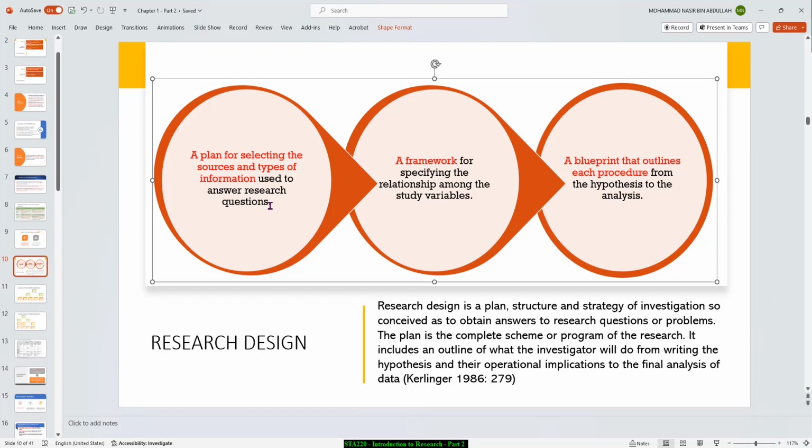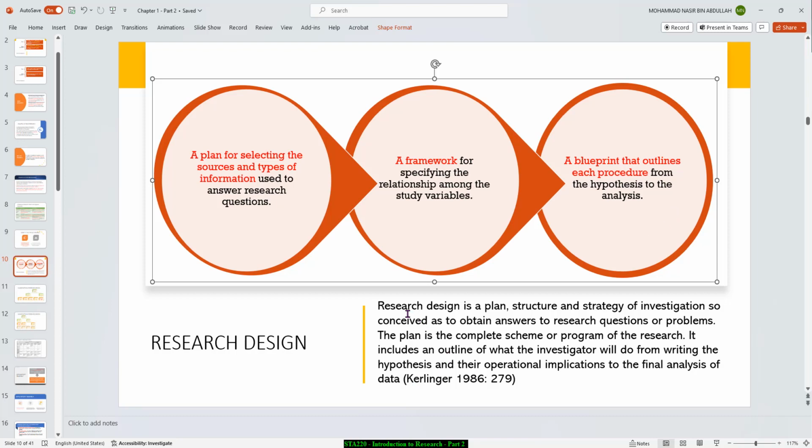So a plan for selecting the source and type of information used to answer the research question is also known as a framework for specifying the relationship among study variables. It's also known as a blueprint that outlines each procedure from the hypothesis to analysis.